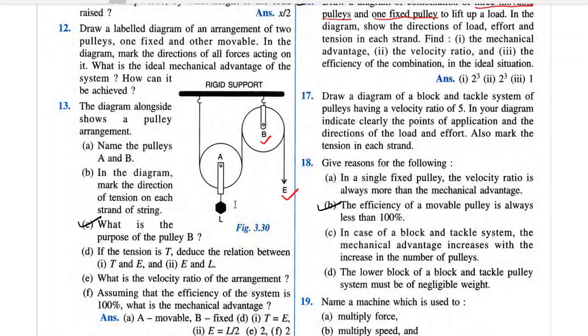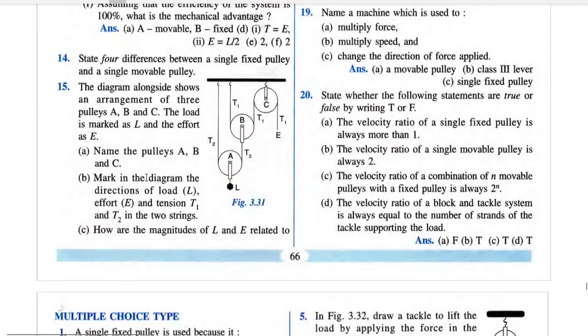So some energy is always lost in overcoming the force of friction. Also, considering the weight of the pulleys itself, we can say that the mechanical advantage will always be less than the velocity ratio, and hence the efficiency is less than 100%. So that is the reason. It is also given in the textbook. If you read properly the chapter, you will find this answer, right?